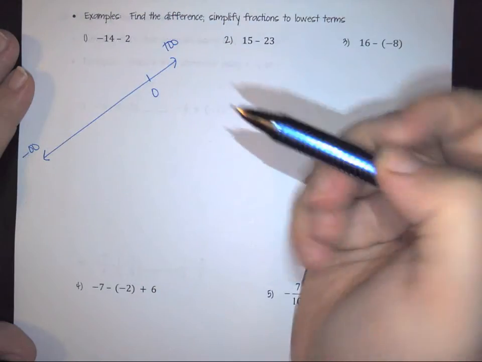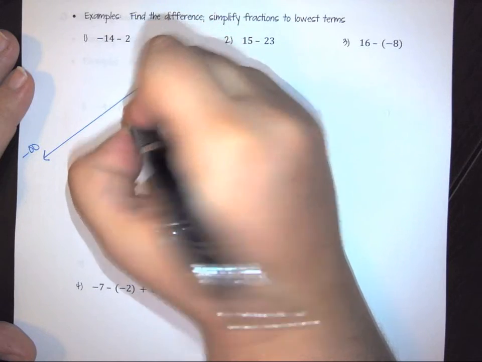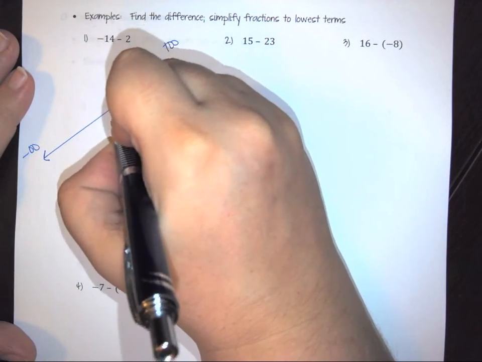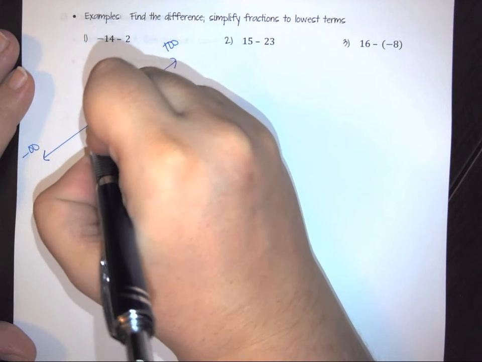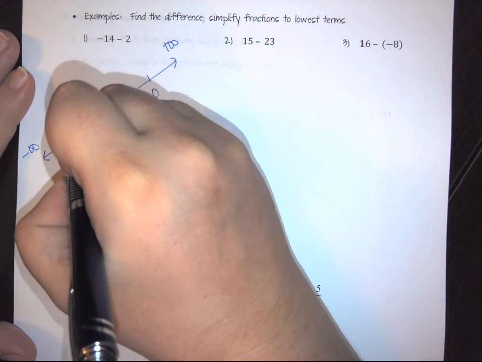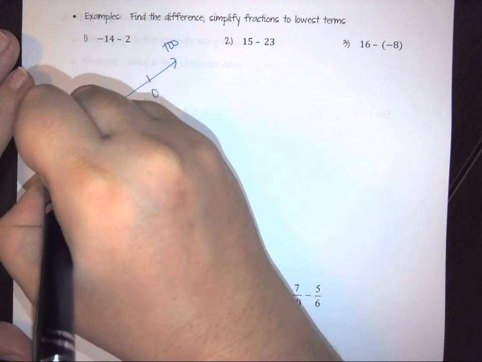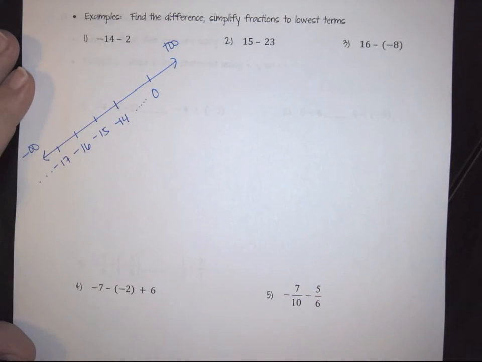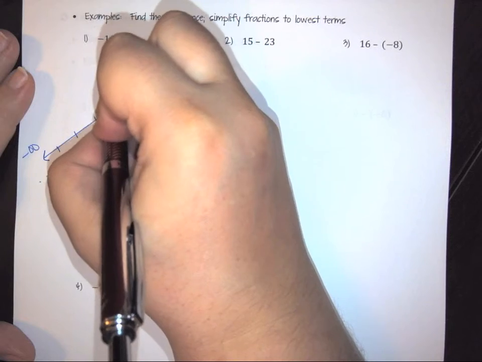And then we have -14. So I'm going to kind of put my little space here and start over here at -14. And then I have -15, and then I have -16, -17, and so on. So I am starting here at -14.